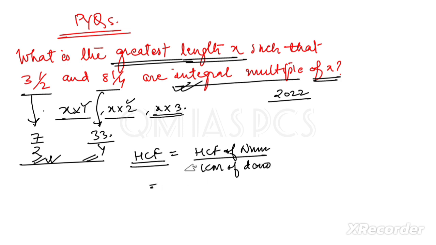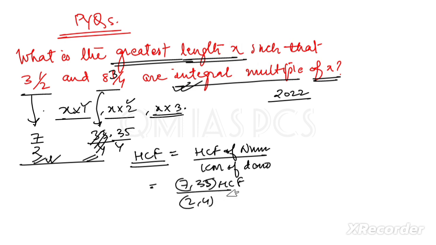Okay, so the numerators will be 7 and 33. So here is the HCF of 7 and 33. Okay, I think I made one mistake here, this is not 1 by 5, this is 3 by 4. So here the number will be 35 by 4. Now we will write here 35, and here the LCM of 2 and 4.